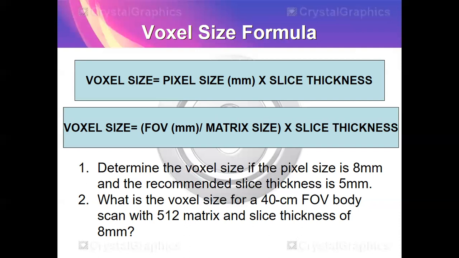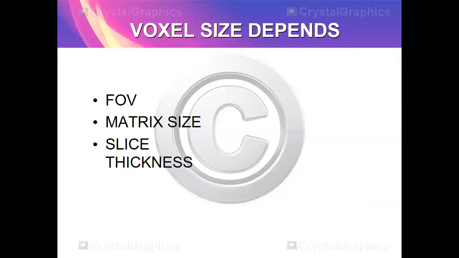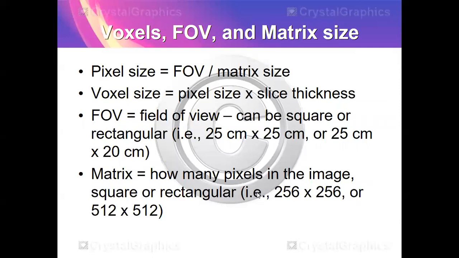If we increase the pixel size, the voxel size will also increase. If we also increase the slice thickness, the voxel size will also increase. Okay? So again, voxel size and FOV directly related. Voxel size and matrix size, inversely related. Voxel size and slice thickness, directly related.